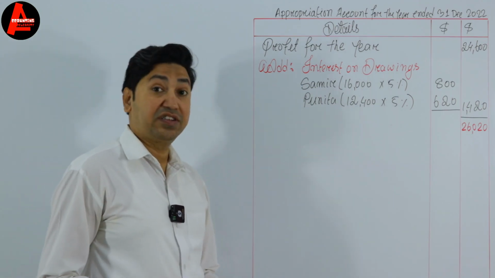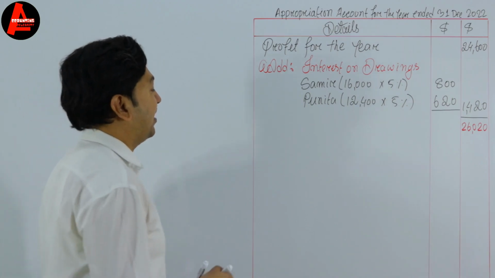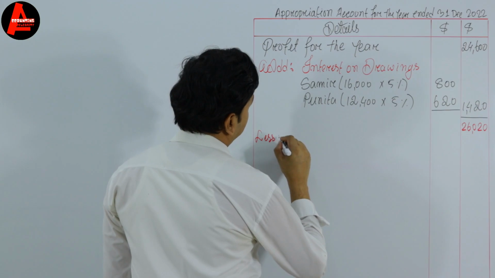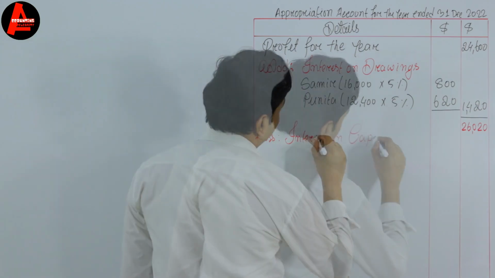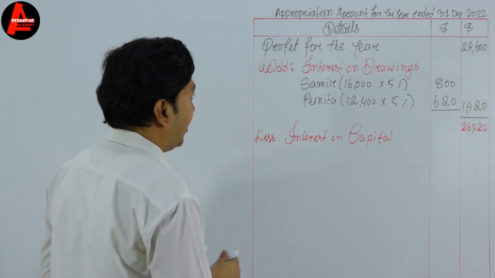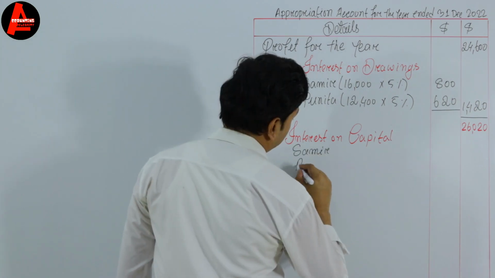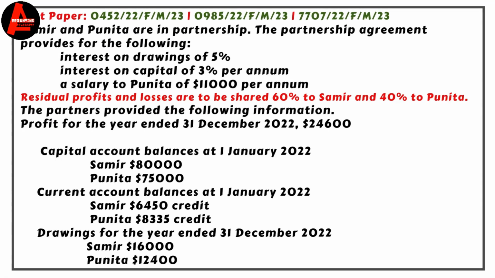Okay, so now from this total income we will subtract our expenses. What is our first expense here? It is interest on capital. So let us write here less interest on capital. So here we have two partners, same as before, Samir and Punita. Okay, so what are the capitals in the question?